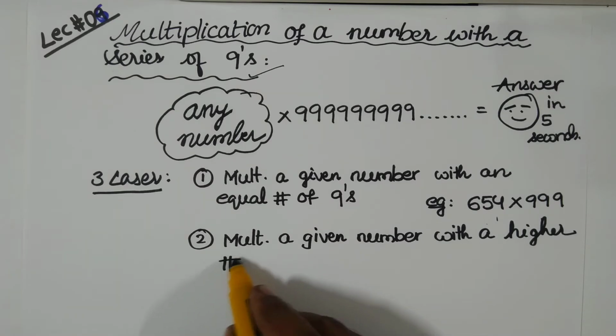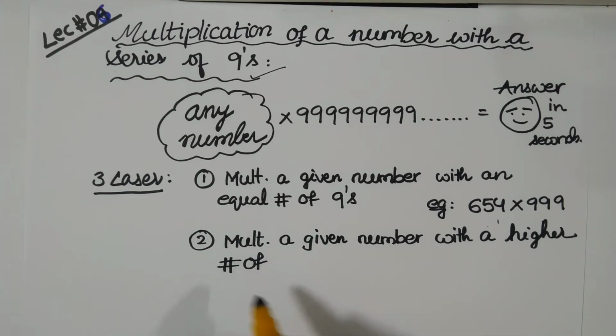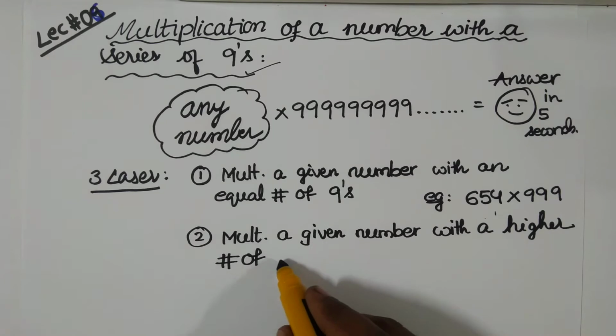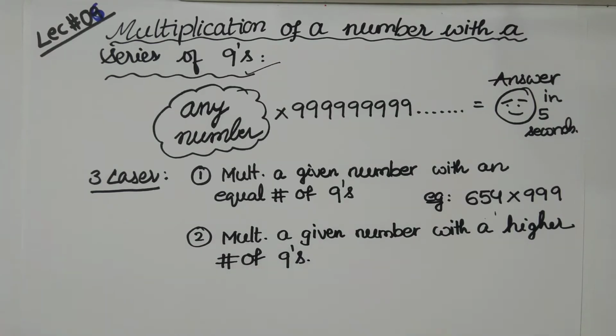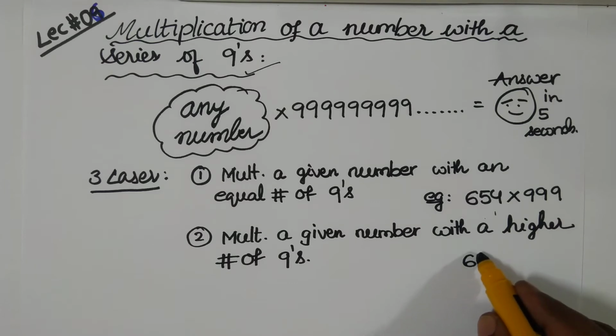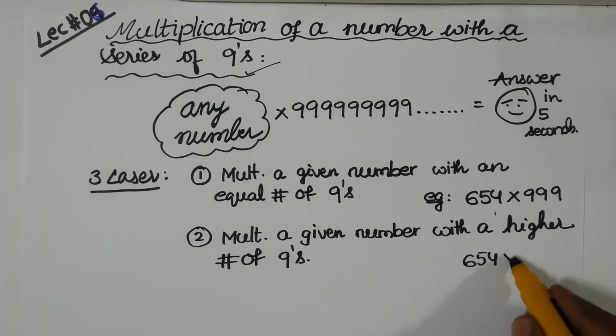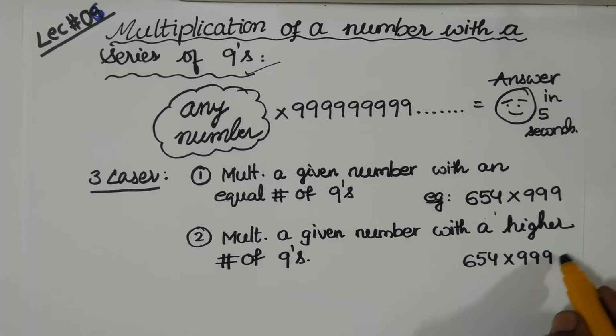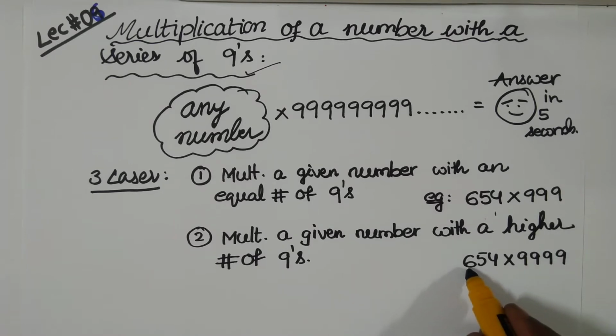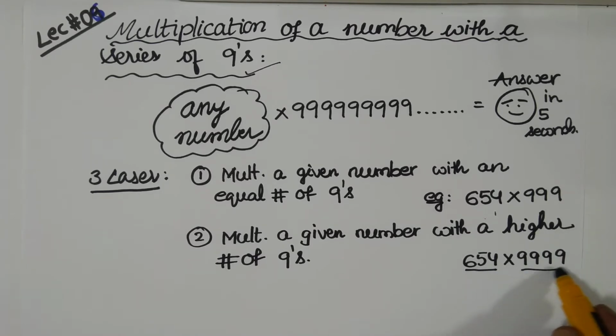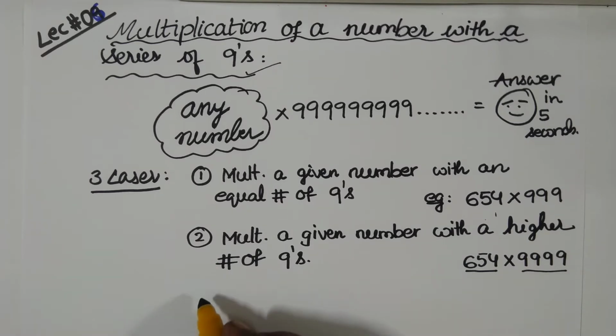For example, say you have 654, and we are multiplying this by, say, 4 nines. Here we have 3 digits, and here we have 4 digits. In this case, how do we deal with this technique?